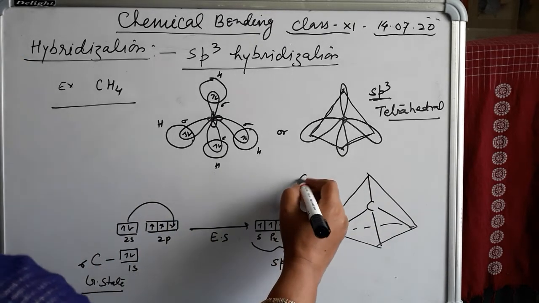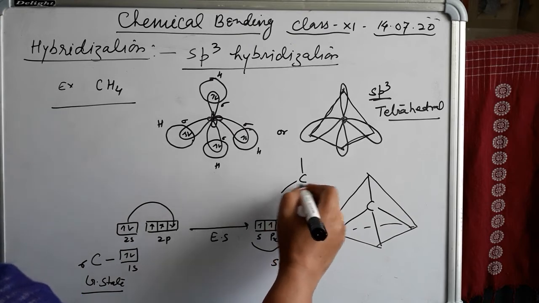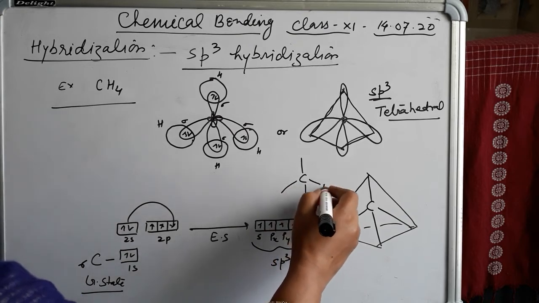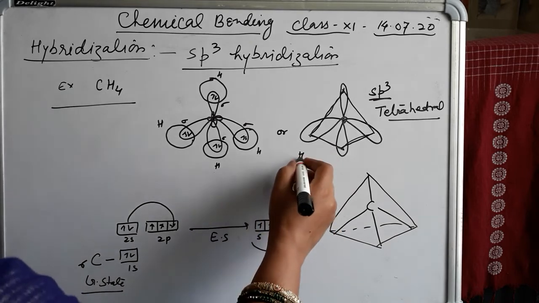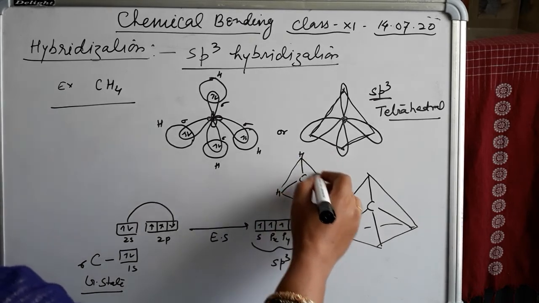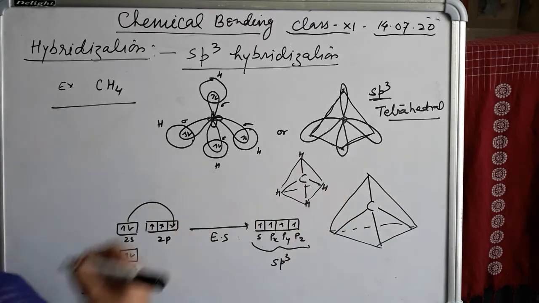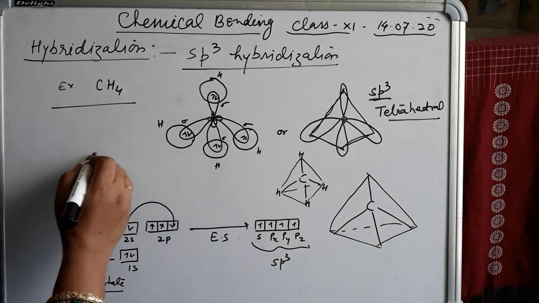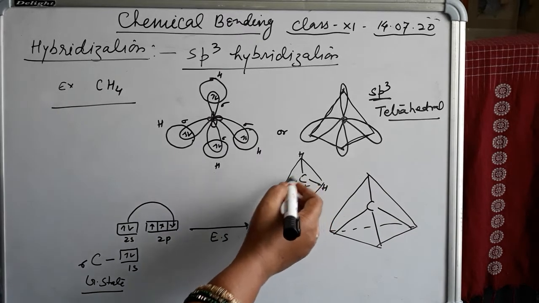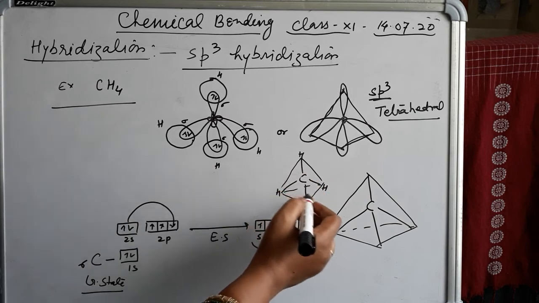So whenever we draw the structure of CH4, we draw it like this. This is the tetrahedral structure of CH4. So students, it is very easy to draw, very easy to understand, and very easy to find the hybridization of a particular molecule by counting the number of sigma bonds: 1, 2, 3, 4.